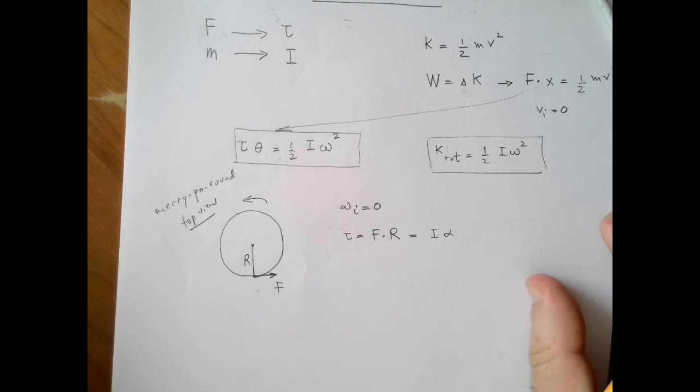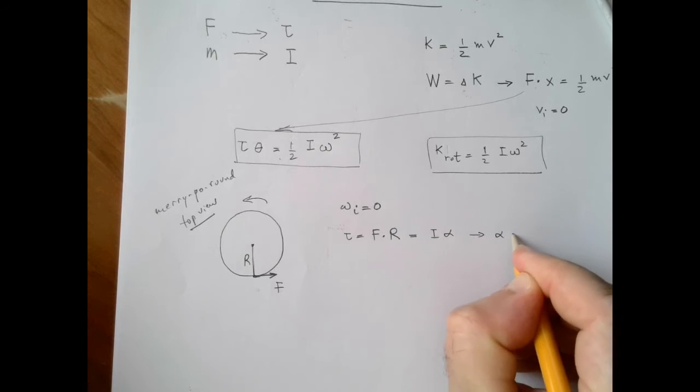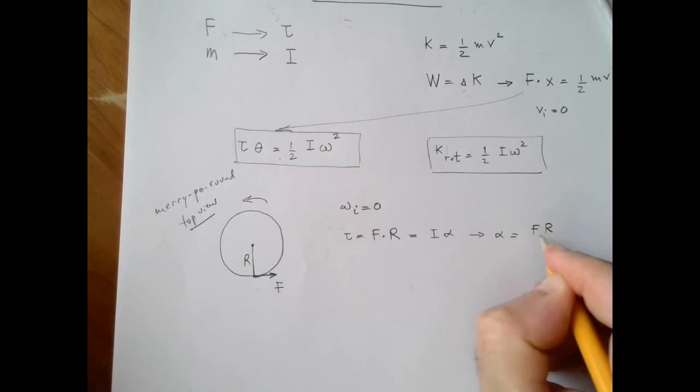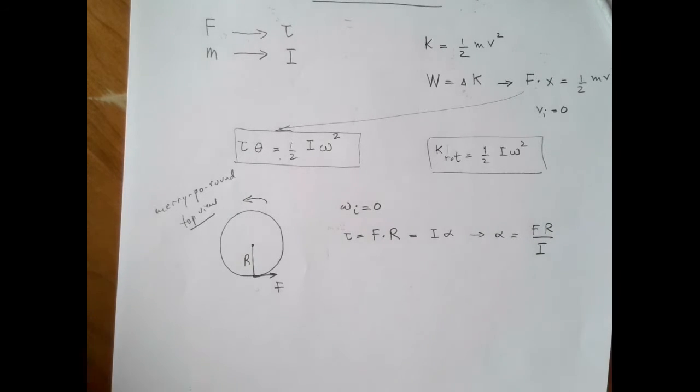This is Newton's second law for rotational motion. F multiplied by R is equal to I alpha. So from here, alpha will be FR divided by I.